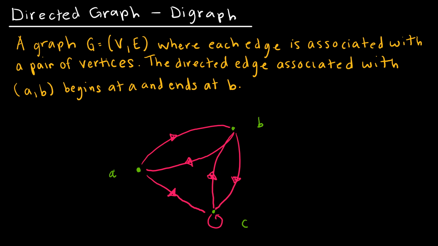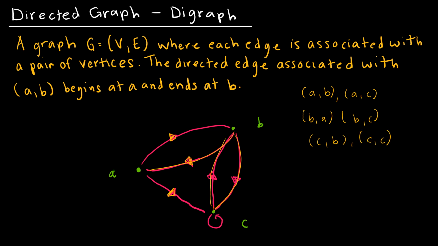So the directed edge associated with A, B begins at A and ends at B, etc. If we were to list the edges included in this directed graph, we would have AB because A goes to B, and I would also have AC because A goes to C. Then looking at B, I've got one from B to A, so BA would be another, and B to C. And then from C, I have C to B, and I also have C to itself.